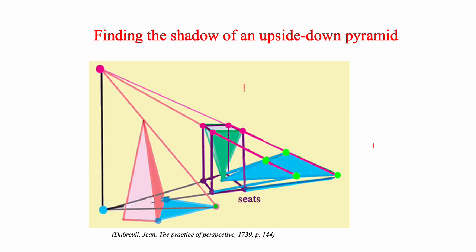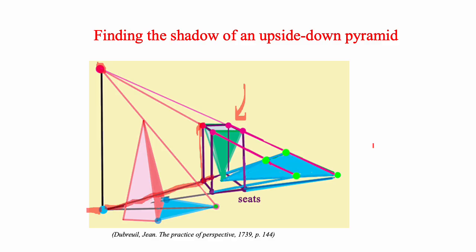Finding the shadow of a pyramid pointing downward like this is more challenging. We have the light source up here, and vertically below is the vanishing point for the shadows. And we need to form seats for each of these floating corners. So for this seat, it goes down until it intersects a line from the vanishing point.